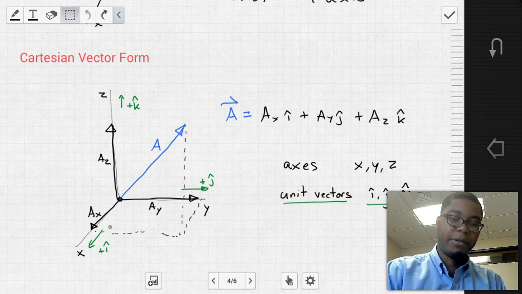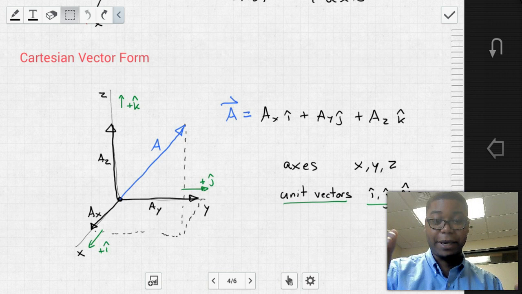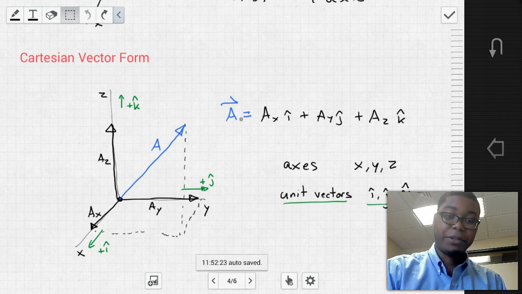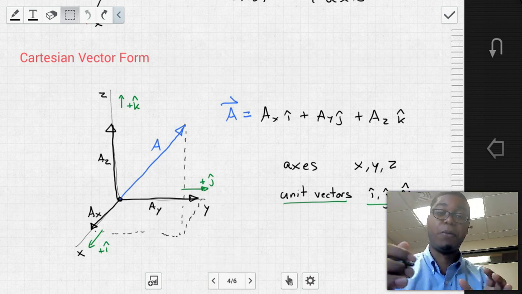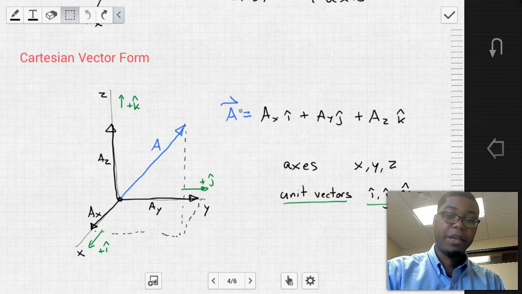They're directed along those positive directions we established with the right hand rule. Now, assume we have some vector A in 3D space. That vector in Cartesian vector form would be vector A is equal to ax times i plus ay times j plus az times k. And that is how we can create a 3D Cartesian vector.